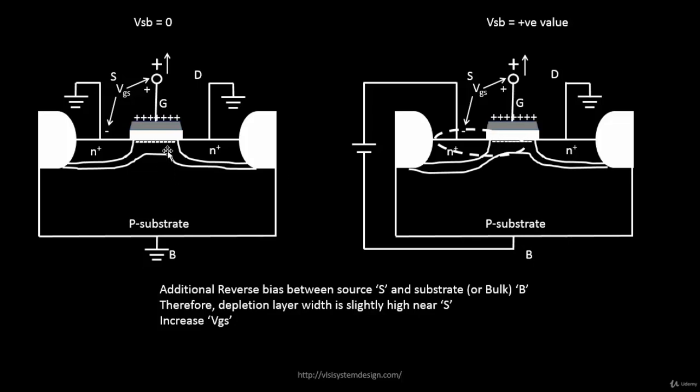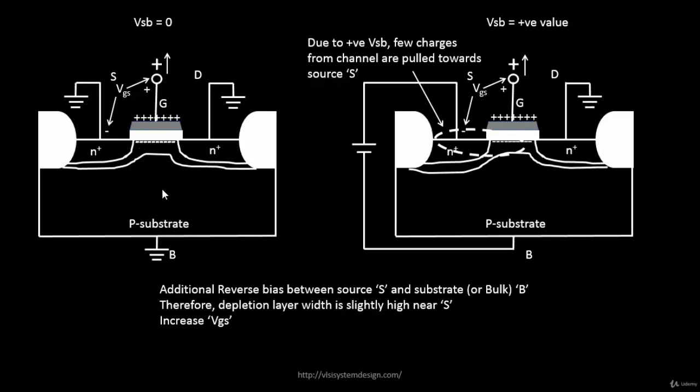But over here it doesn't happen. It just gets accumulated over here because this potential is at 0, and the VSB as a whole is at 0. So this is the second most important observation: due to the positive VSB, the charges present in the channel are getting pulled towards the source area. And that doesn't happen over here.